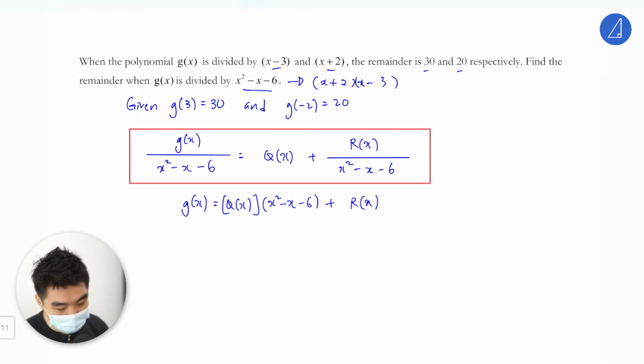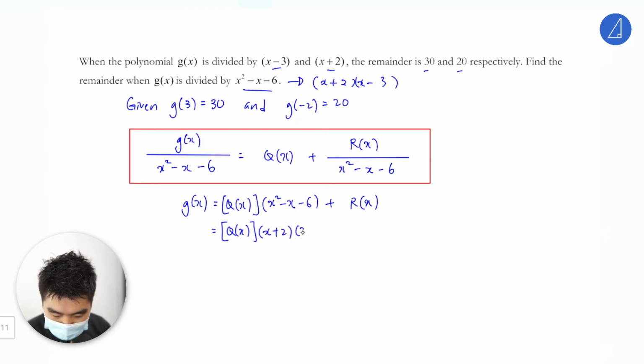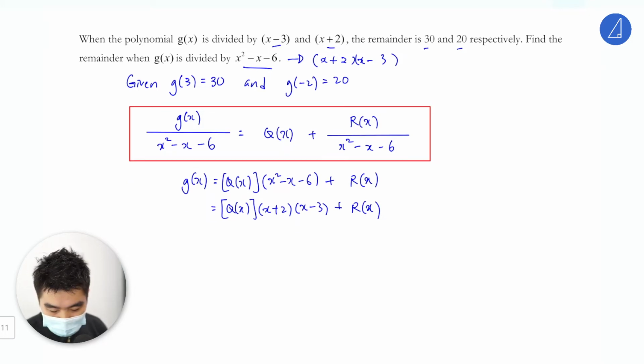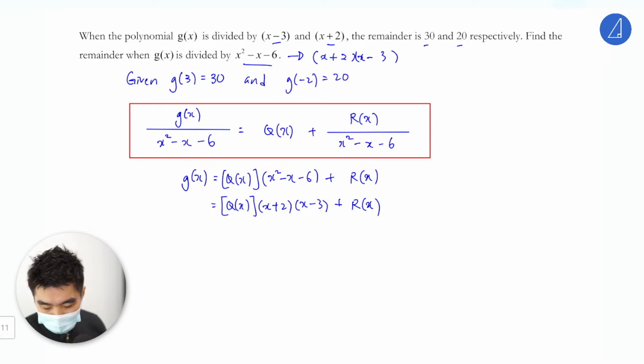Okay, if I were to express my x squared minus x minus 6 in a different form, that means in the factorized form, this will actually be what I've done just now, (x + 2)(x - 3), and then plus r(x). Okay, so there's another critical step over here that you need to consider, which is that when you write this polynomial in this form, this quotient actually deals with anything that makes your polynomial improper.